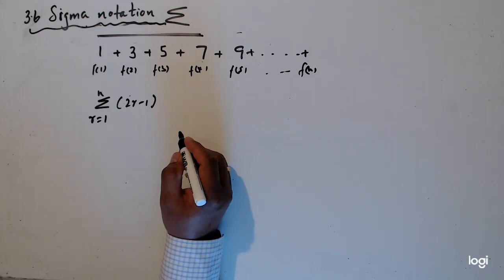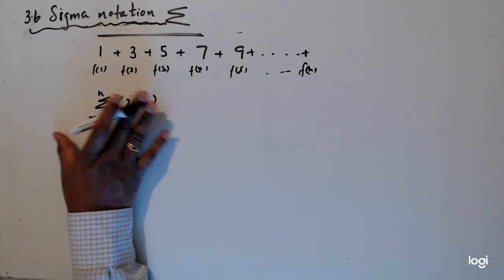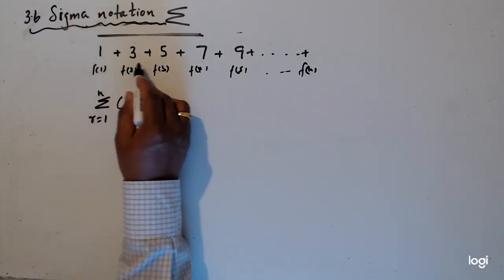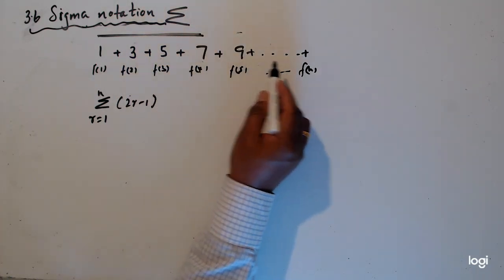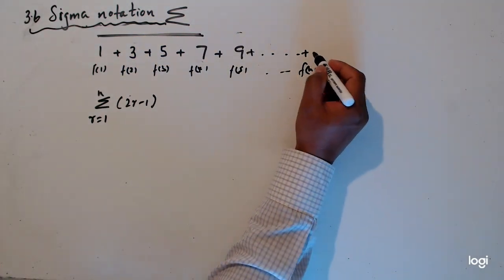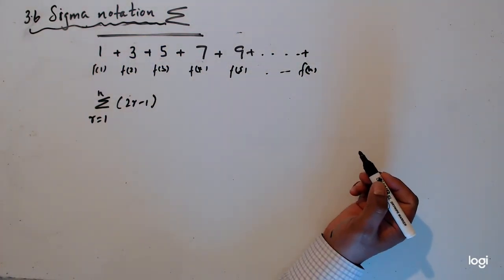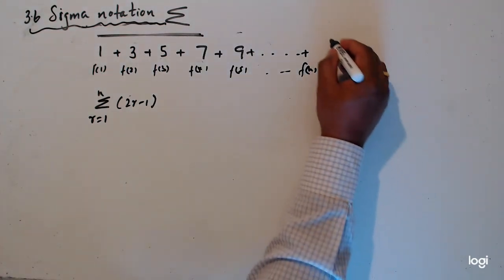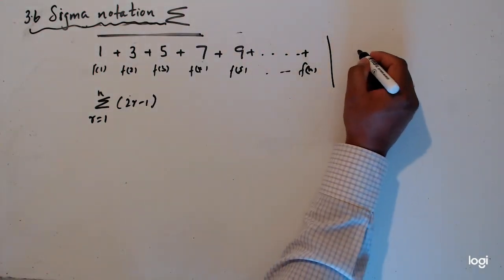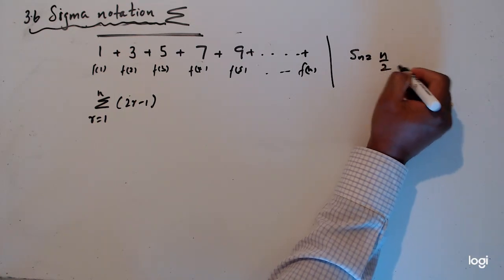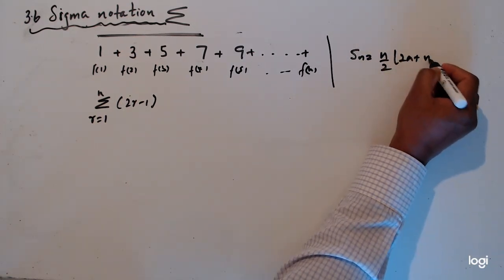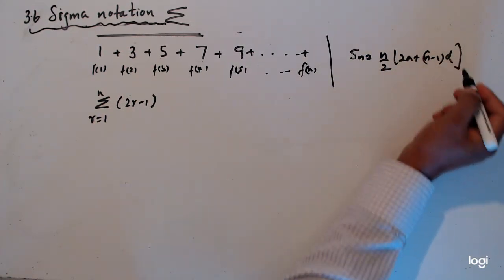Now, okay, let's forget about this one. How do you find 1 plus 3 plus 5, 7, 9 up to the nth term here? We have a formula, Sn equals n divided by 2 times (2a plus (n minus 1)d).